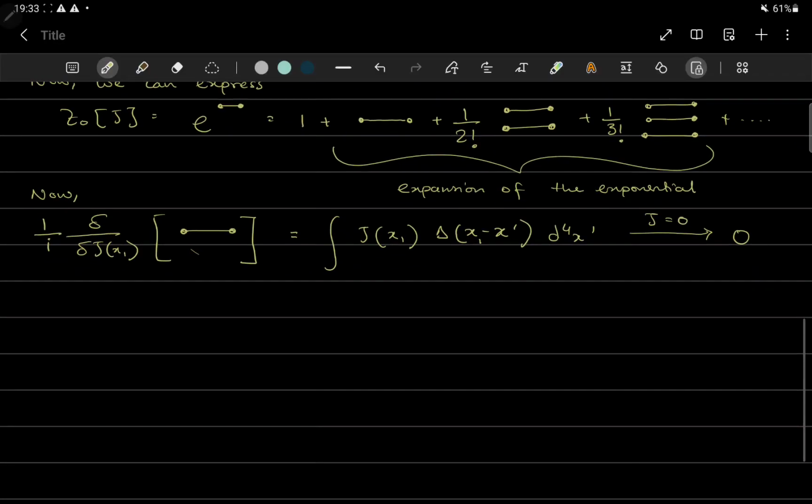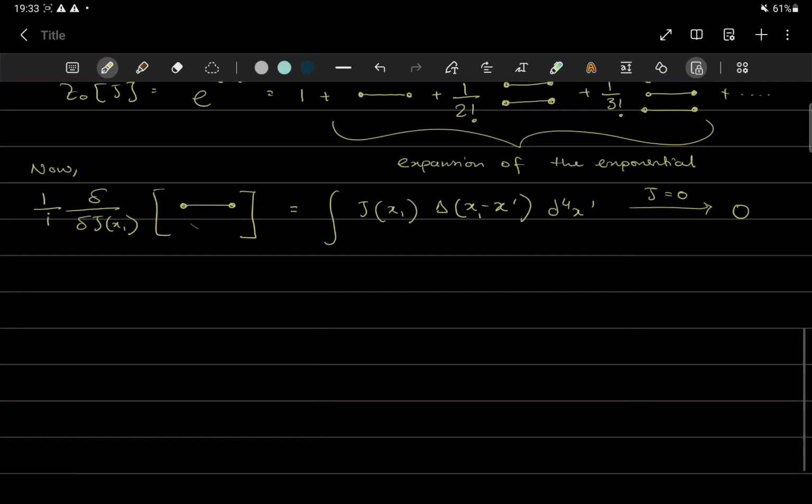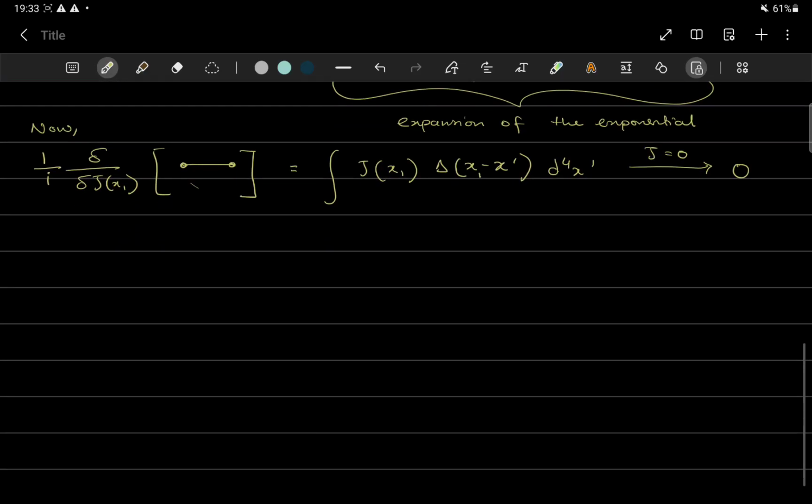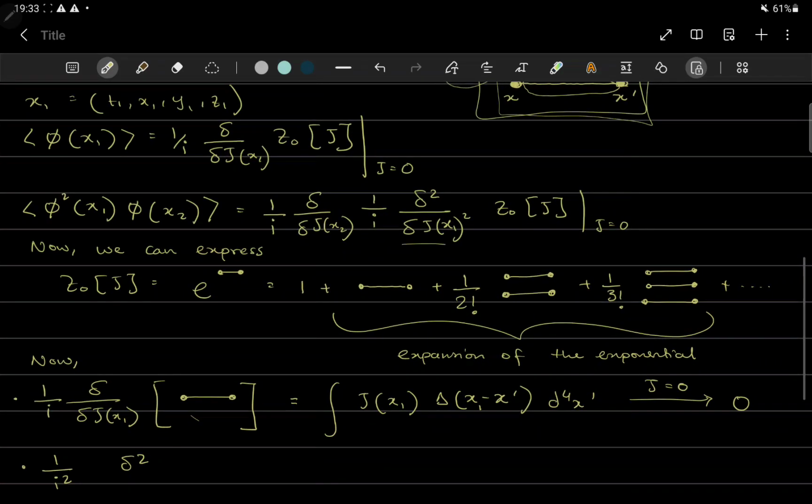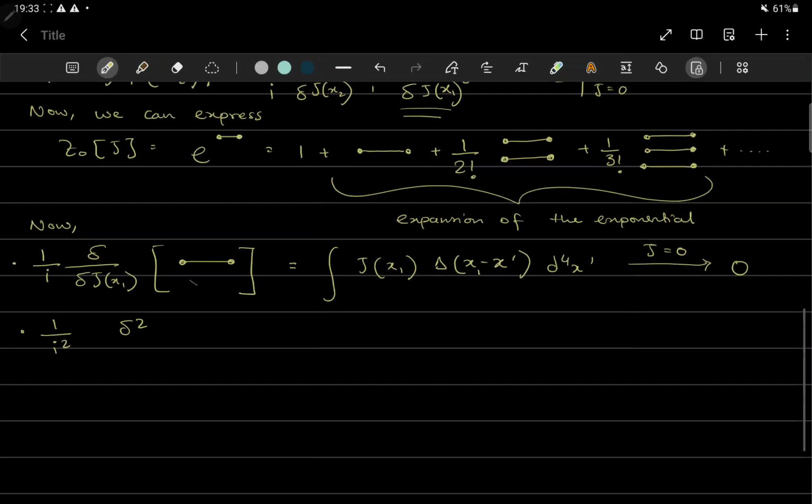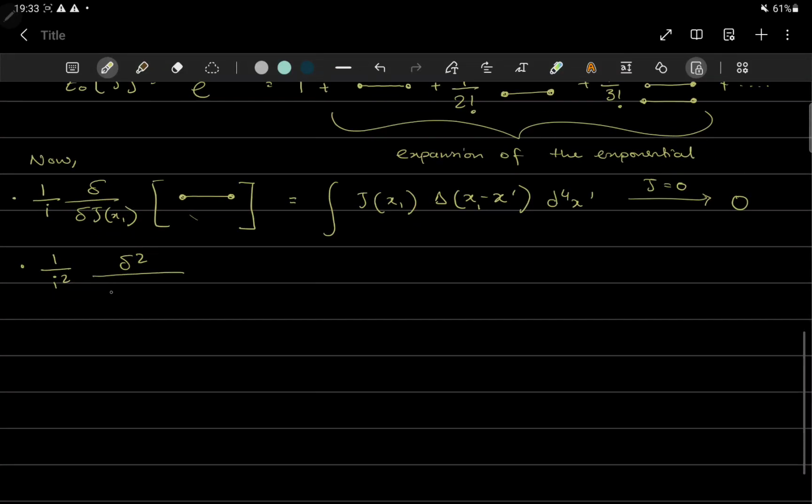Now we can write this in the following way as well for the other terms. So the other terms that we have, which is the second derivative, this one, is the following.